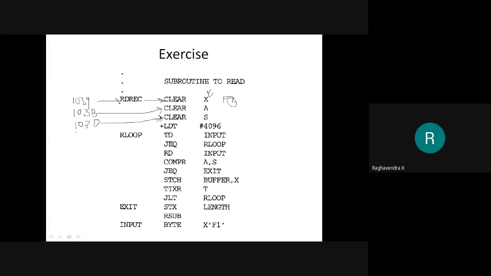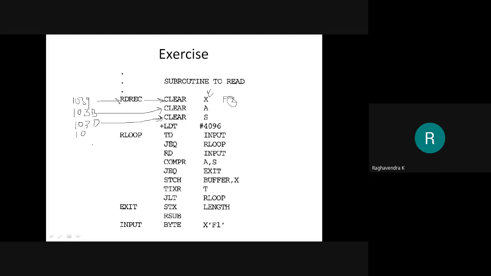Okay, Zabiullah. Next, what is the value for the fourth instruction, plus LDT #4096? Zabiullah, are you present? Yes, sir.